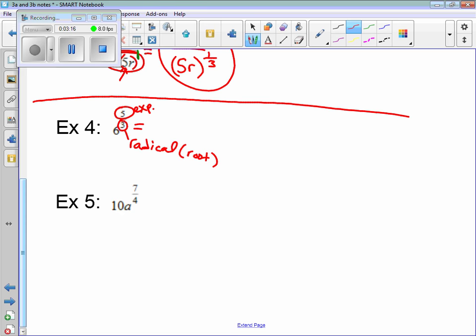So we have a cube root of 6, to the 5th power.